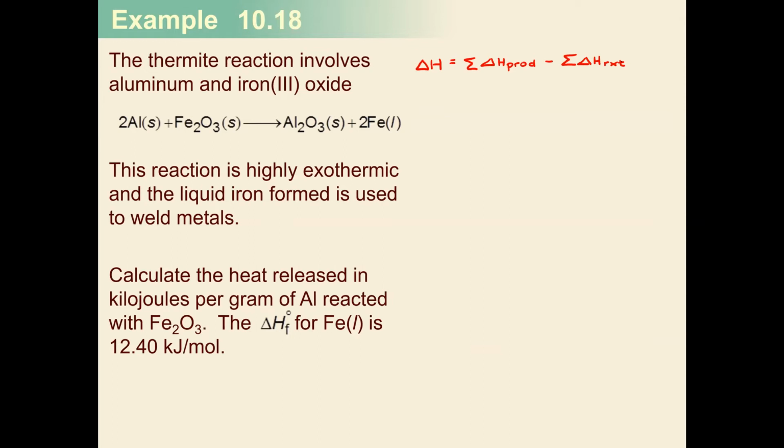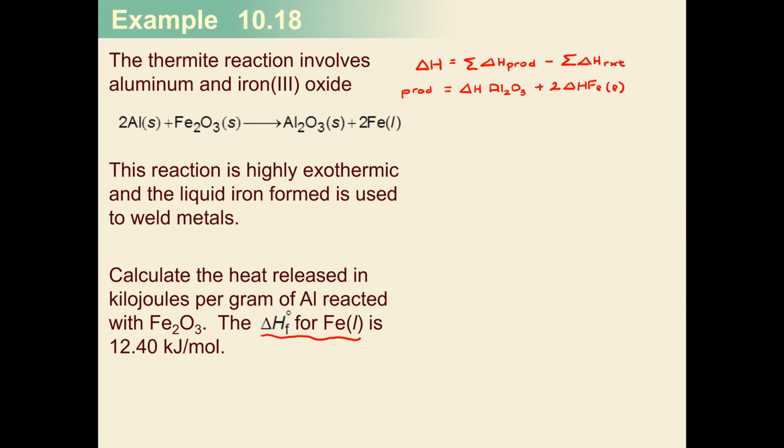So the first thing that I'm going to want to do is do our products. So that is going to be the delta H of our Al2O3 and 2 times the delta H of our Fe liquid. If this were a solid, that would be 0. But in this case, because it is a liquid, that is why we are needing the heat of formation for our liquid iron located here at the bottom.